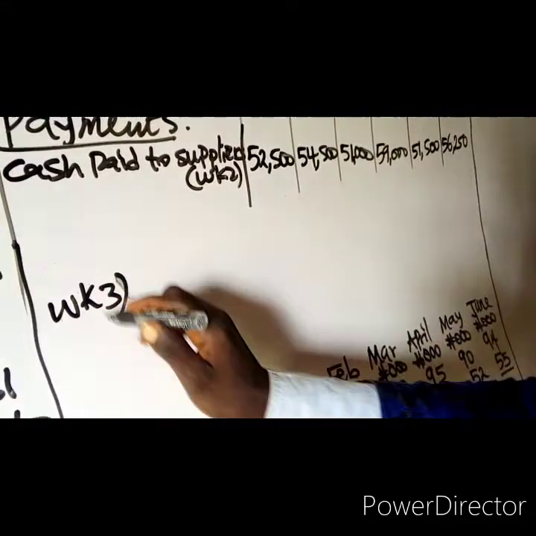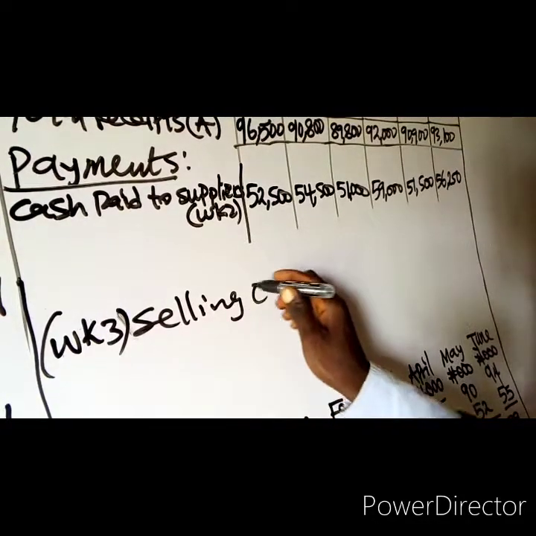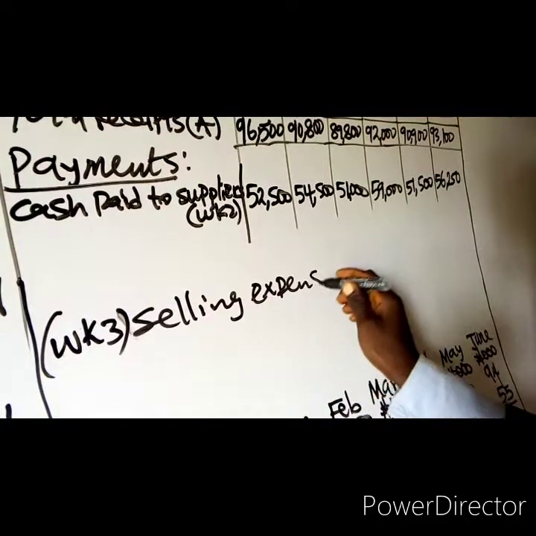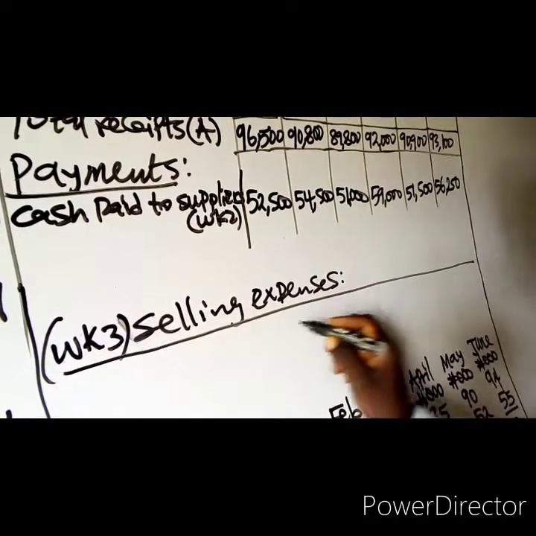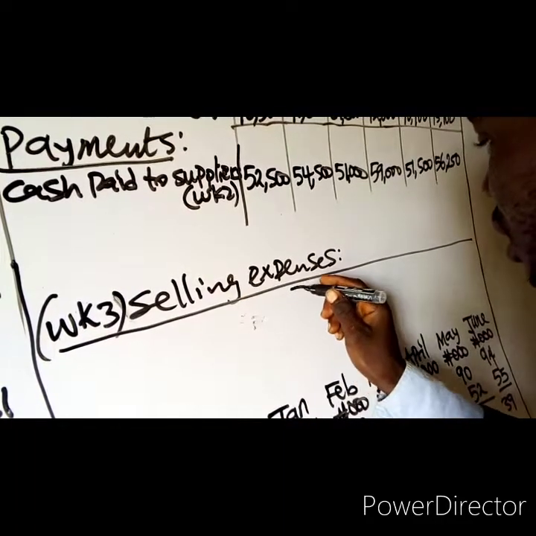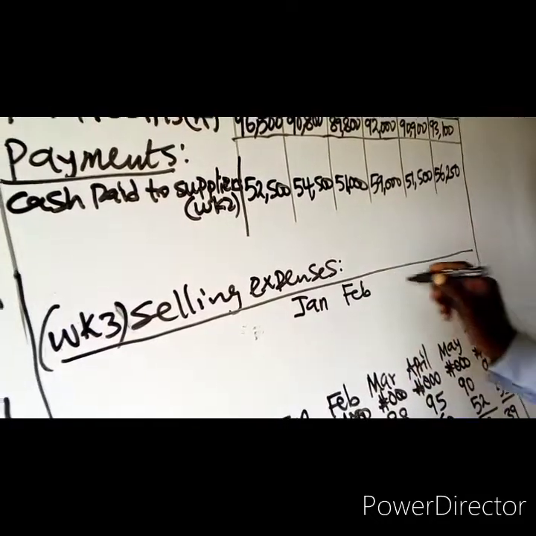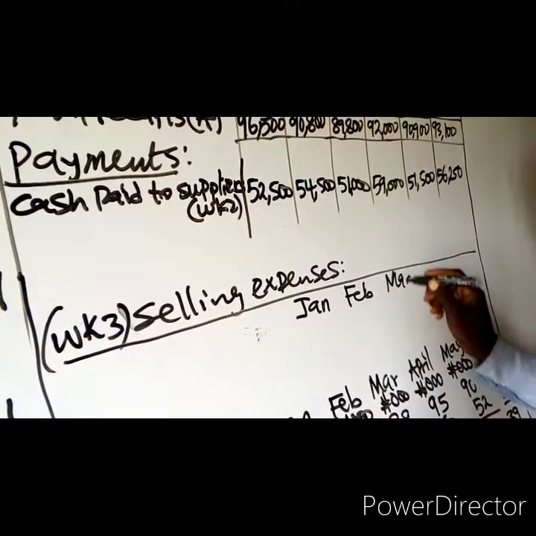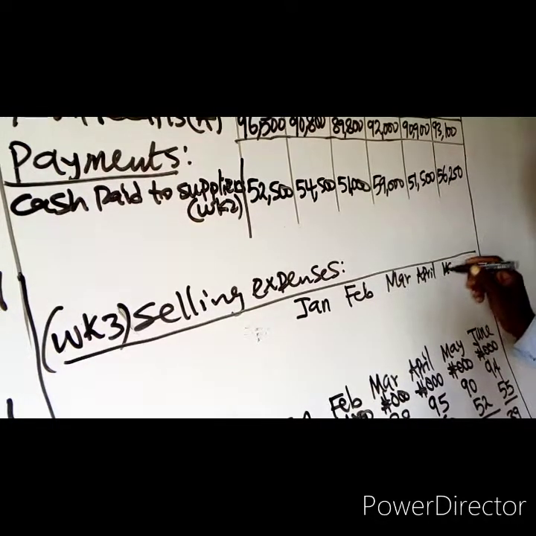We have selling expenses. We have January, February, March, April, May, and June.